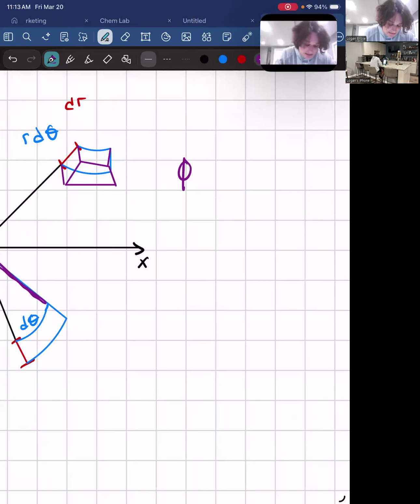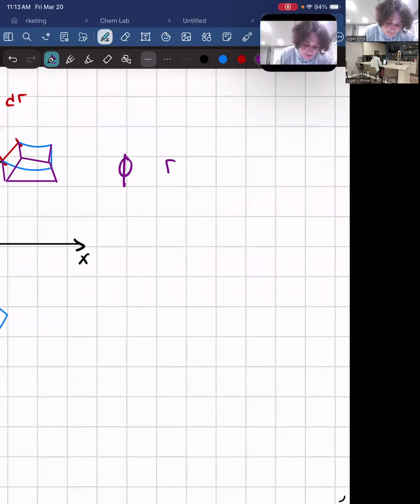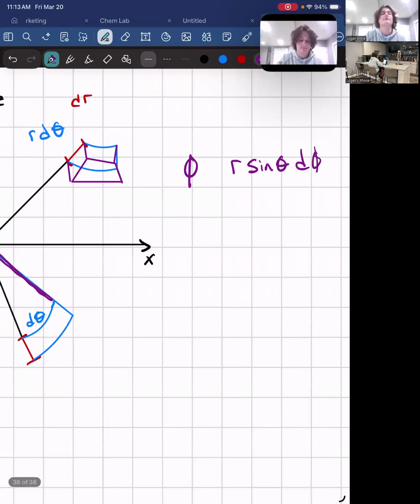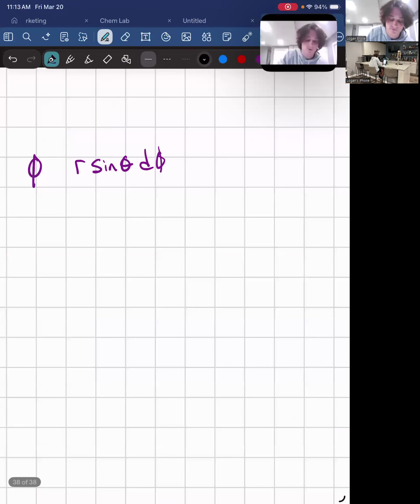Since it's projected and rounded, we have to multiply not only by r, but also by the sine of theta times our change in phi, and that gets our phi value into the correct units for our volume.